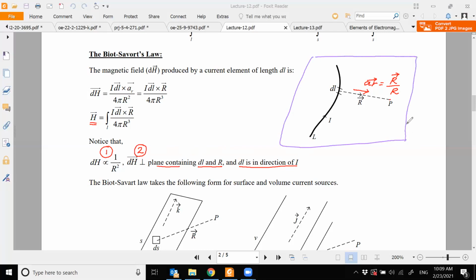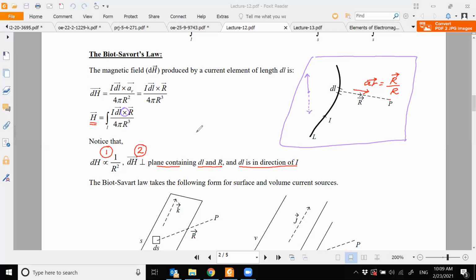If both are residing in this plane, then your magnetic field will be perpendicular to this plane. So either it will be in this direction or it will be in this direction, but it will be perpendicular to the plane. This is an important property, and we know it. This is coming from this cross product.